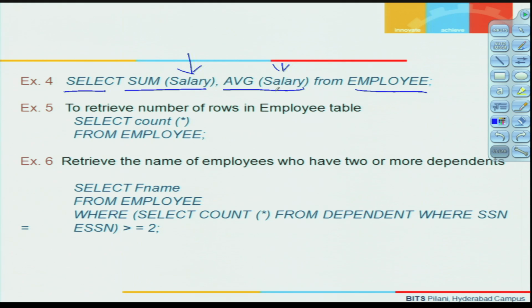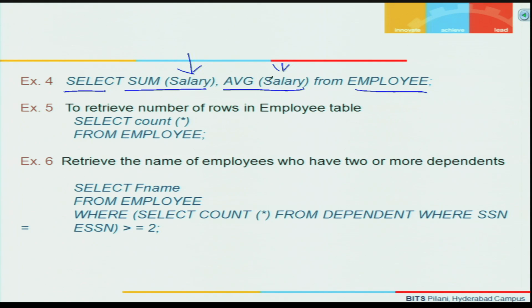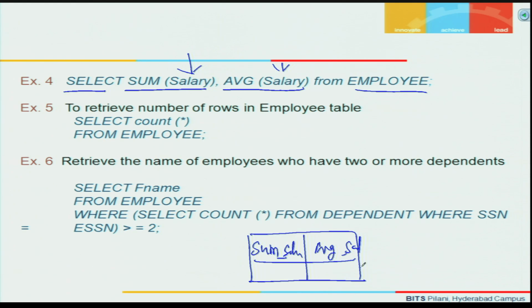It will also pick up all the salary values and find the average. So what could be the result? It is a table where the first column is going to be sum_salary and the second one is going to be AVG_salary. There will be only one row because I have performed the aggregate operation. It will result in only one value. That's why in this table there will be only one row.